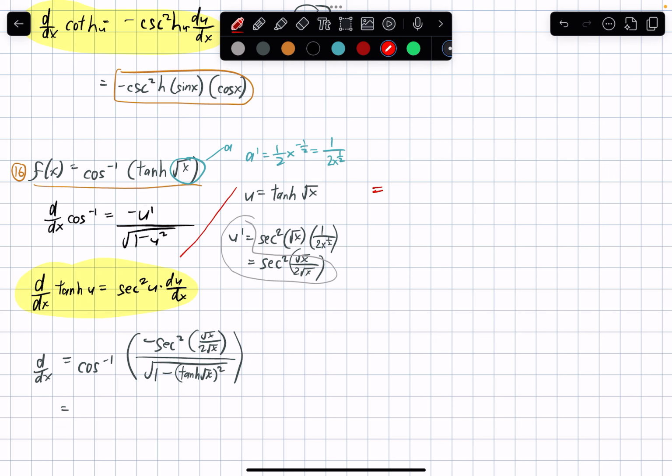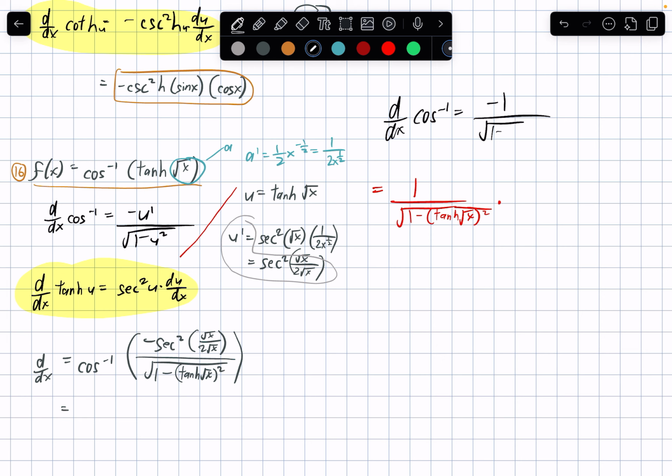So let's just write the answer key. 1 over, so this is the solution first. 1 minus tanh square root of x raised to 2. Okay, fair. Because this formula could also be rewritten as negative 1 over, so like that.